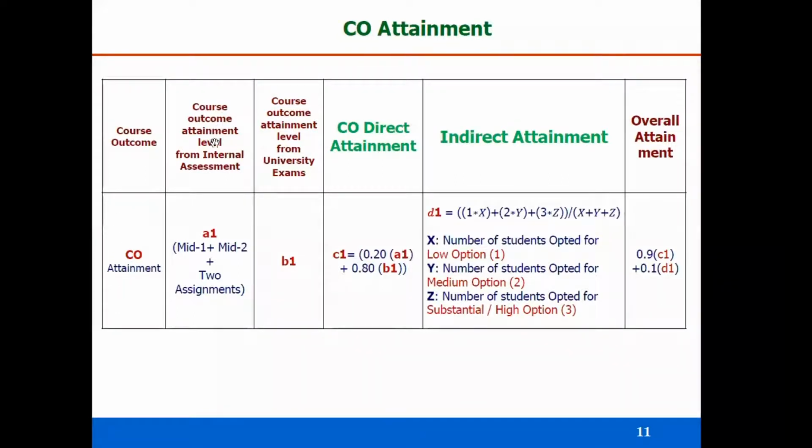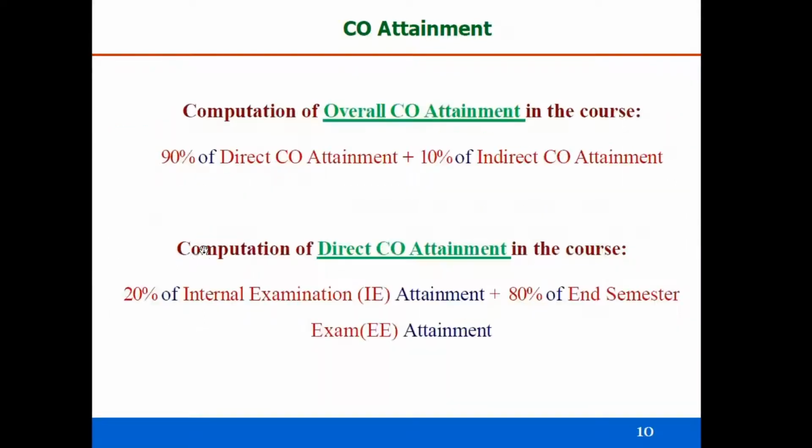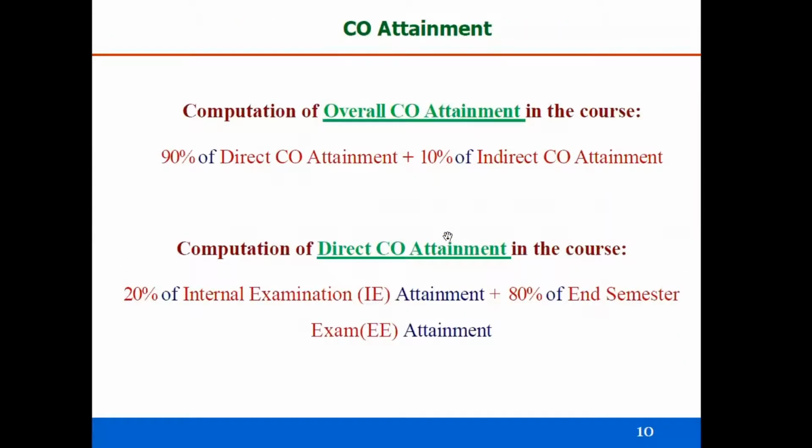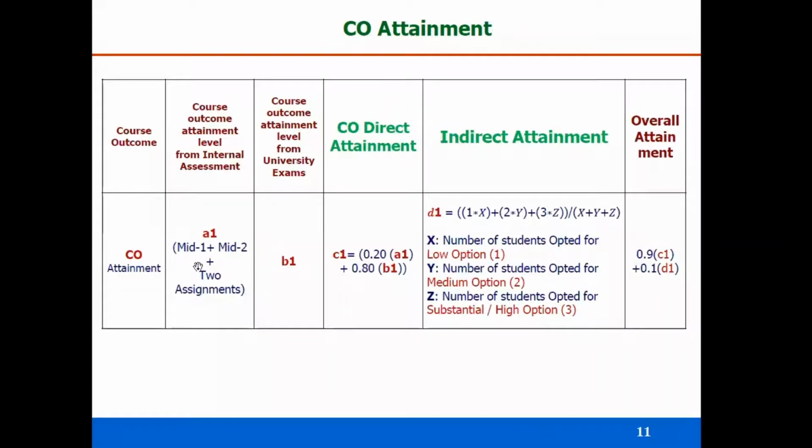Then the course outcome attainment level from the internal assessment depends on whatever components we considered: mid 1 plus mid 2, considering mid 1 objective plus descriptive, and the assignment also included, the three components together. The final course outcome attainment value, let us assume, is A1. Then the course outcome attainment level for university examinations, the external examinations, let us assume is B1. Now by using this A1 and B1, the formulas are defined here.